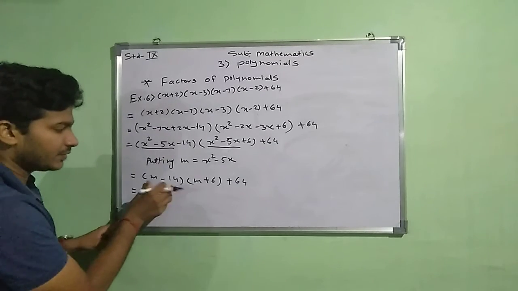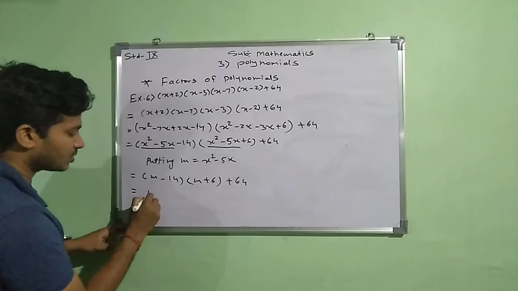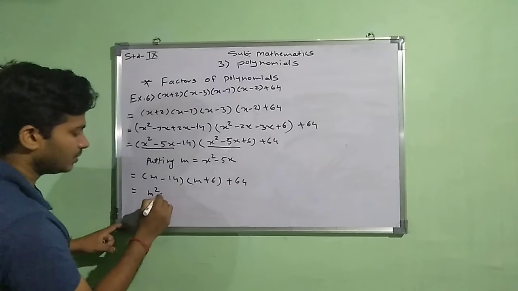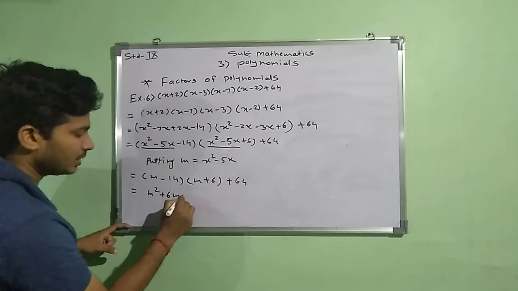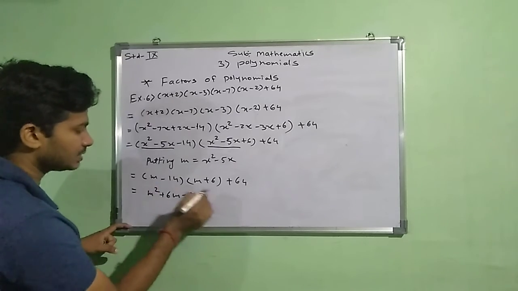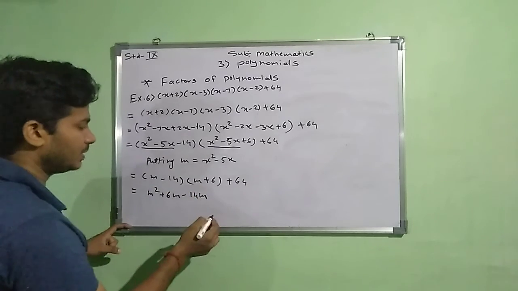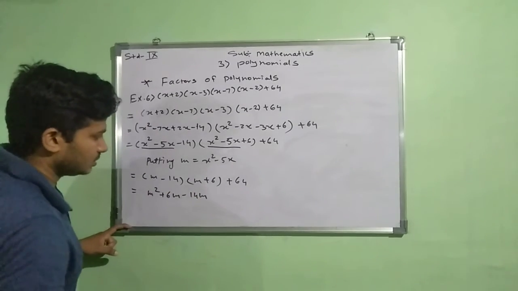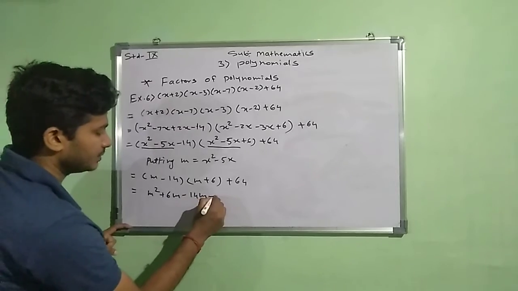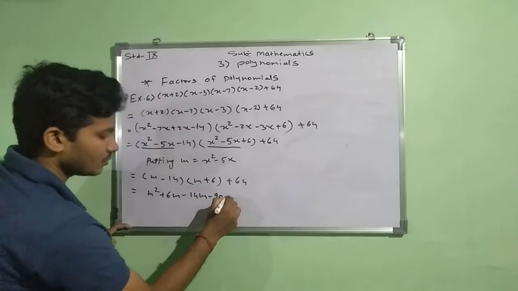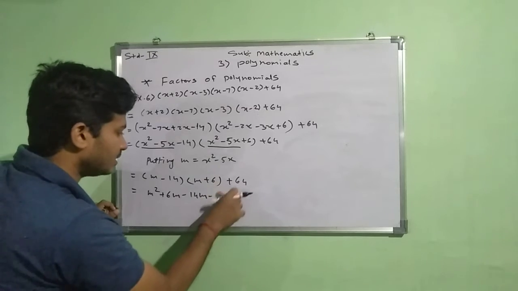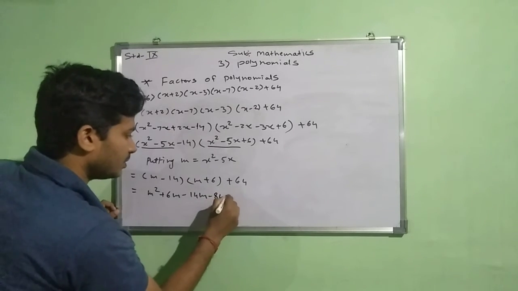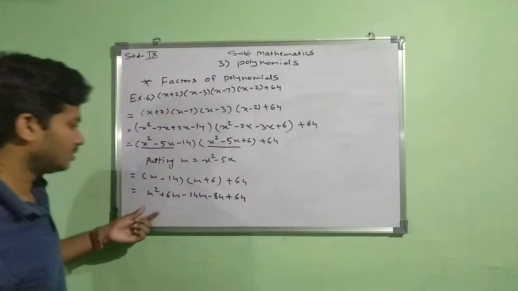Now again we will multiply the first and second bracket. So m into m will be m square, m into 6 will be plus 6m, minus 14 into m will be minus 14m, and minus 14 into 6 will be minus 84, plus 64.